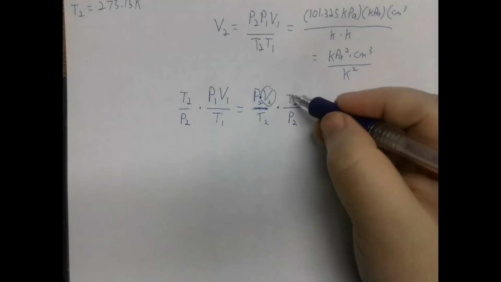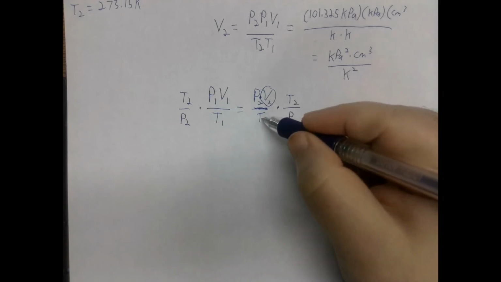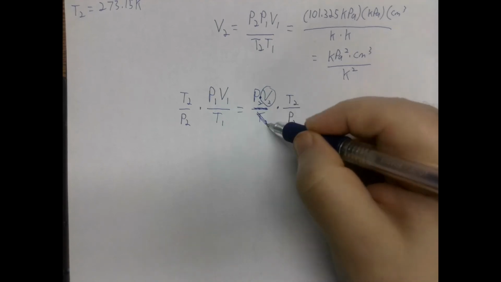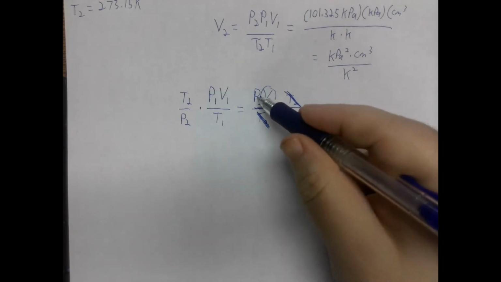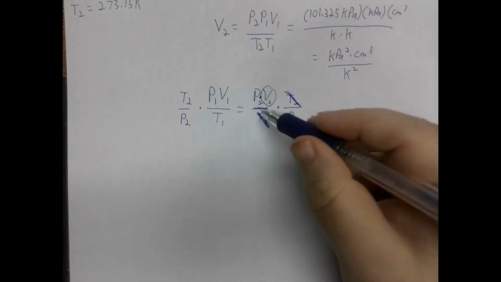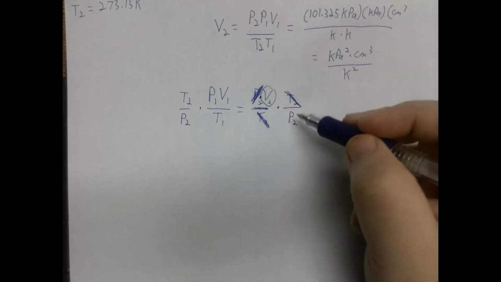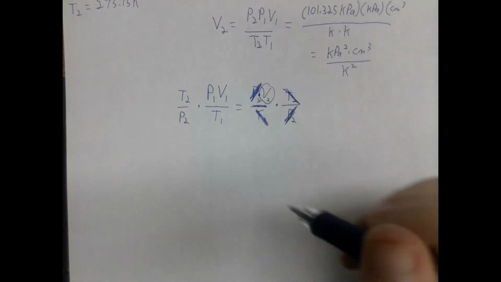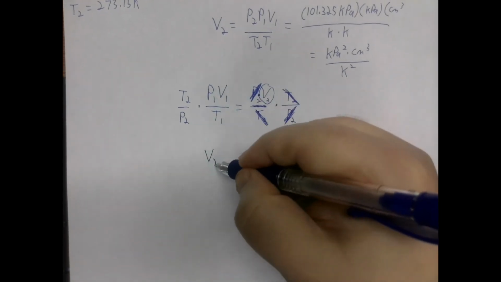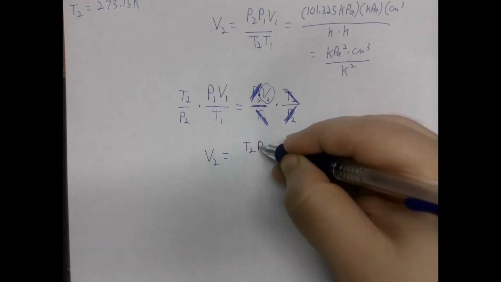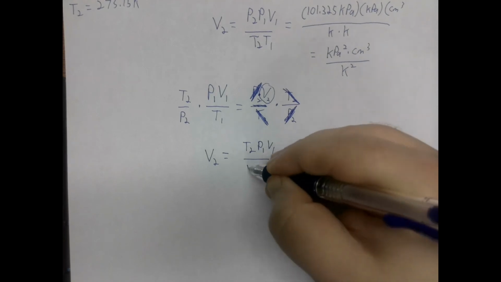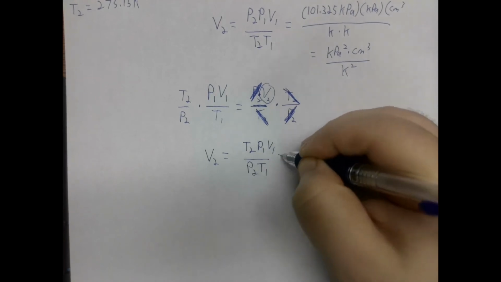So if we have a T2 on the numerator and a T2 on the denominator, they cancel each other out. And if we have a P2 on the numerator here and a P2 on the denominator here, that cancels each other out here. And so when I plug this in, V2 is equal to T2 P1 V1 over P2 T1.